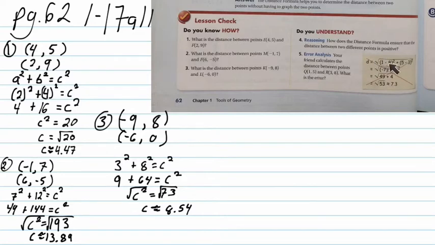When you subtract, what are you supposed to subtract? The x's and the y's. Good. Did they do that? No, they mixed them up, which is really common. So your friend subtracted the x from the y's, rather than the x's from each other.